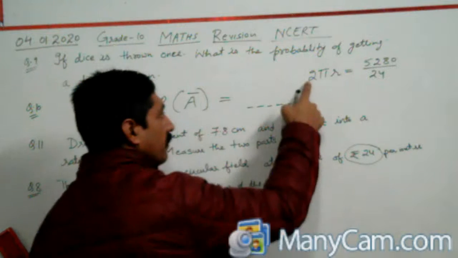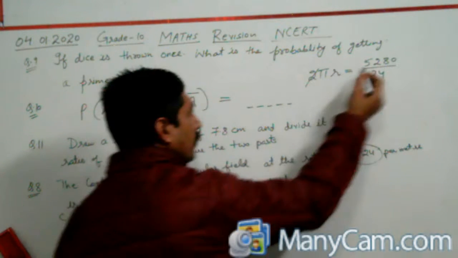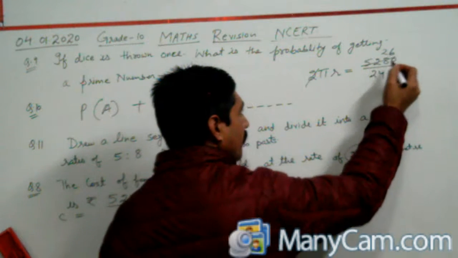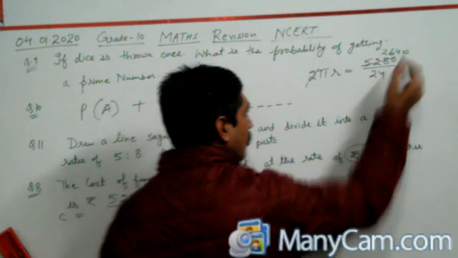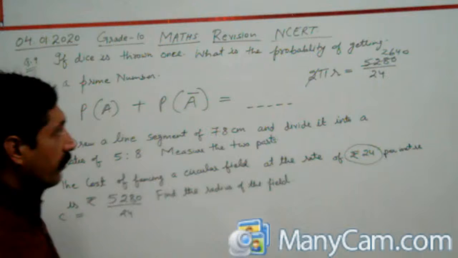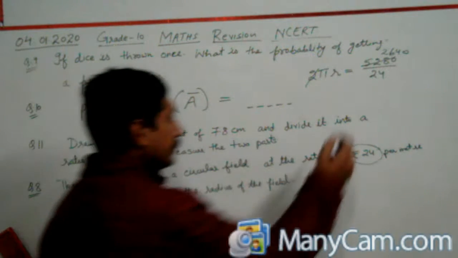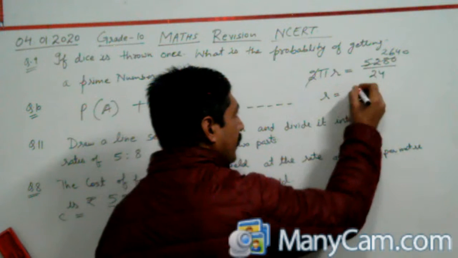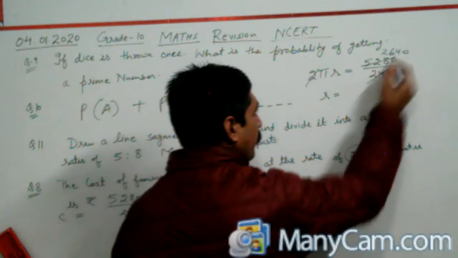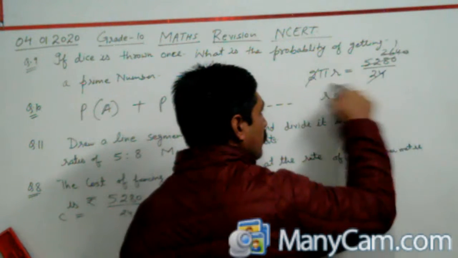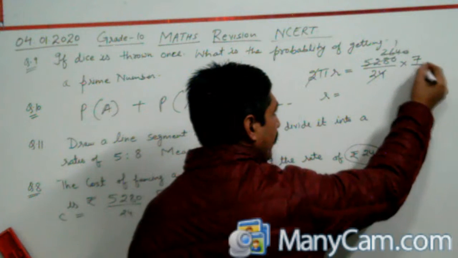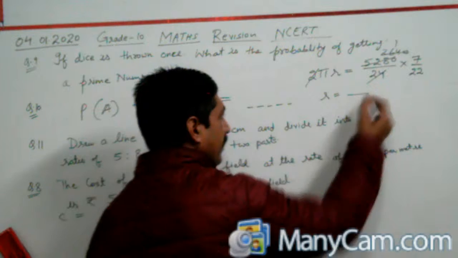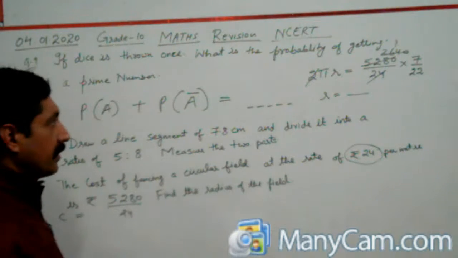So when we take 2 here, 2 2s are 4, 2 6 are 12, and 24 ones are 24. So 5 again. What is R? R is, that is 24 ones are 24. So 5 is 7 here and 22 this side. So we have left here with the R, right?